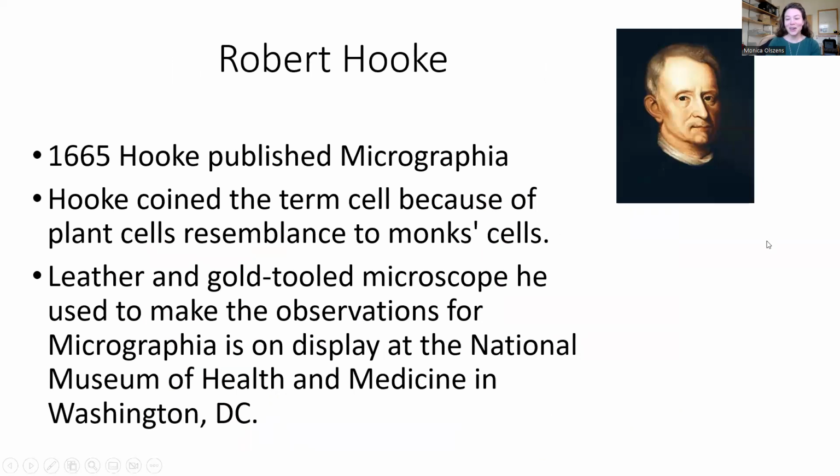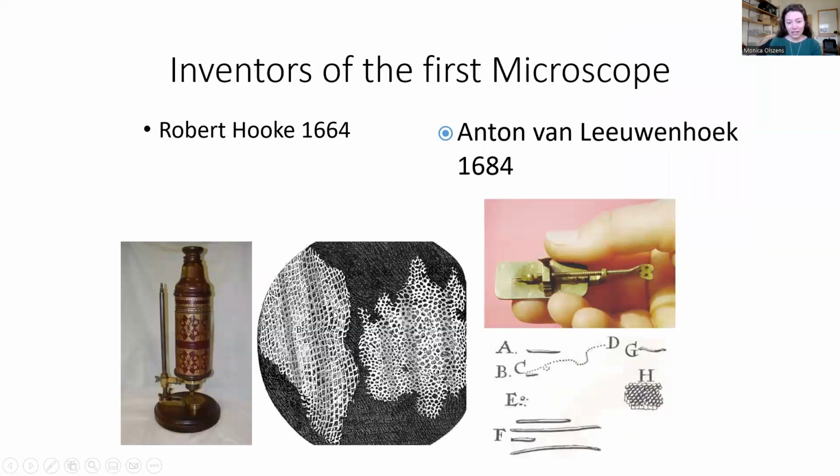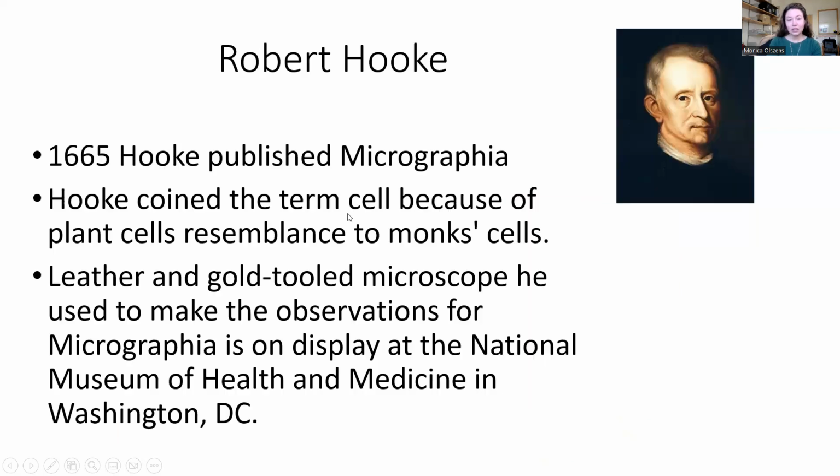So I'll tell you why, depending on who you ask, you might be glad that Robert Hooke invented the first microscope. He actually published. You'll find out that the people who get credit for things published, because otherwise things get lost with time. So he published Micrographia, and he coined the term cell, because over here, he thought these little rectangles looked like monk's cells.